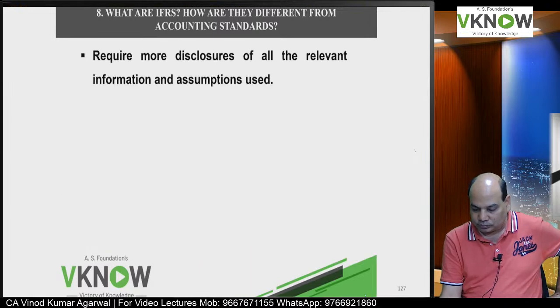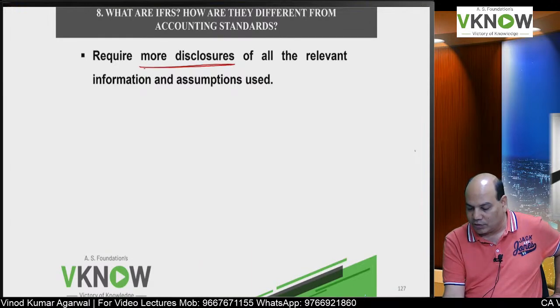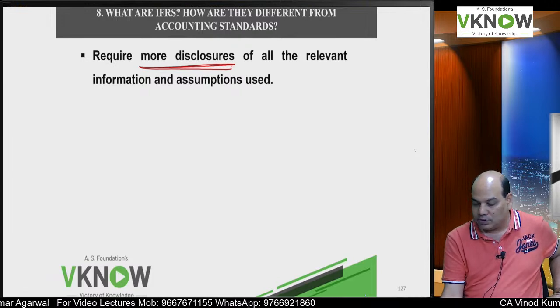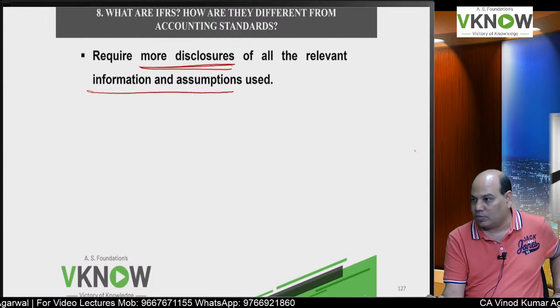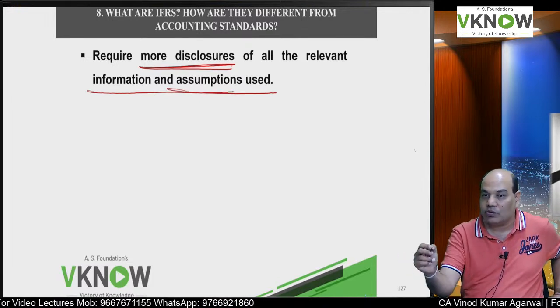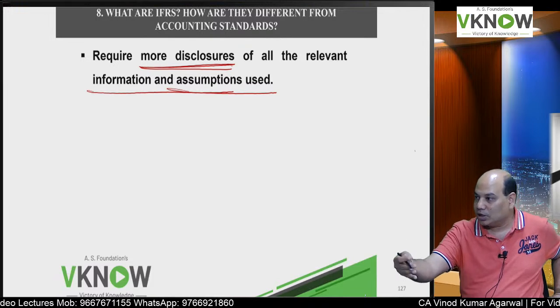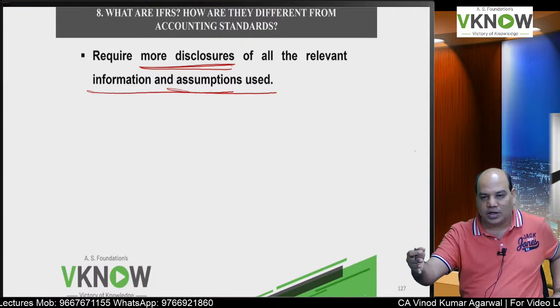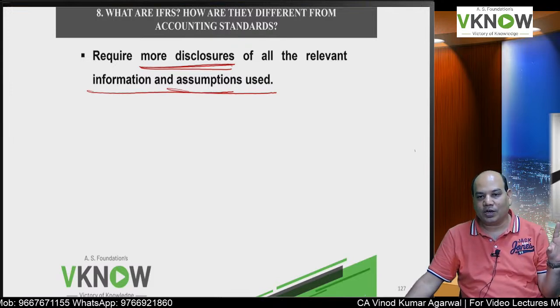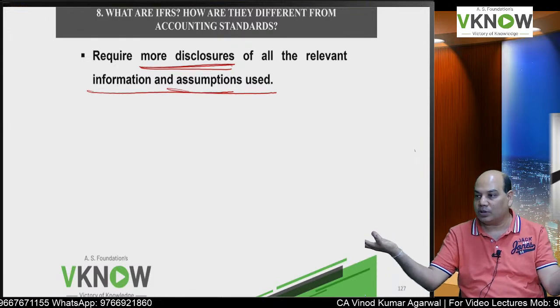Next is, because of Ind AS, the disclosure requirement will increase now. Investors require more and more information. Investors also want to know what assumptions were made by the management, which you have to disclose. As we said at the start, there were a lot of scams and scandals. The reason is that financial investors didn't have enough information.